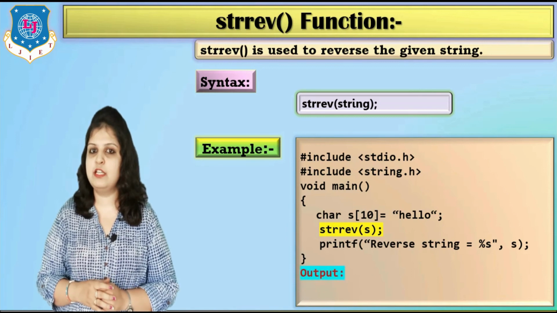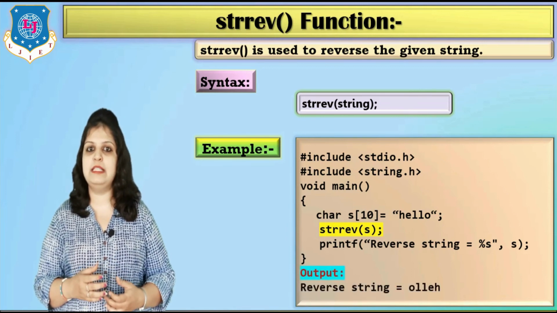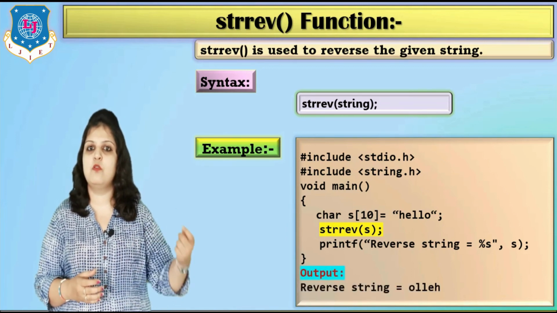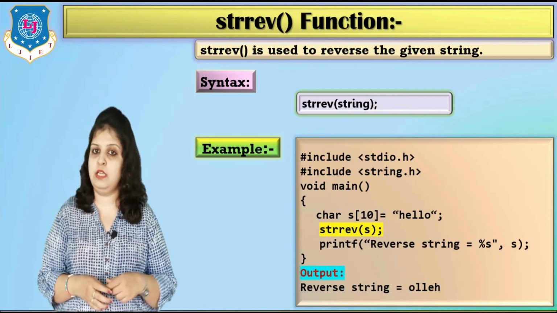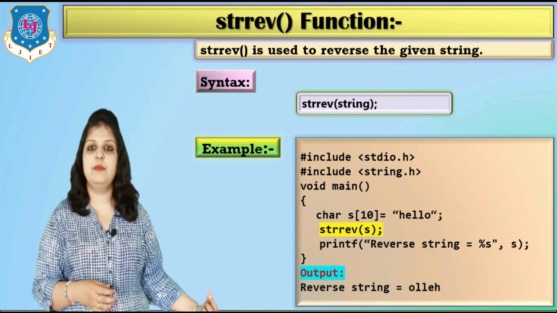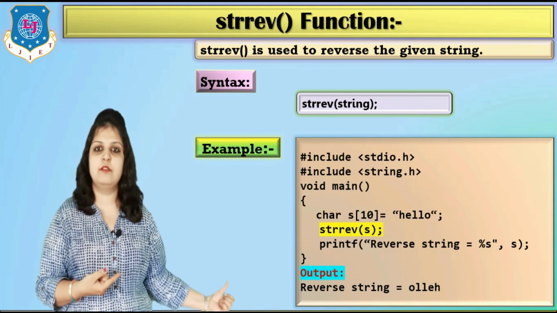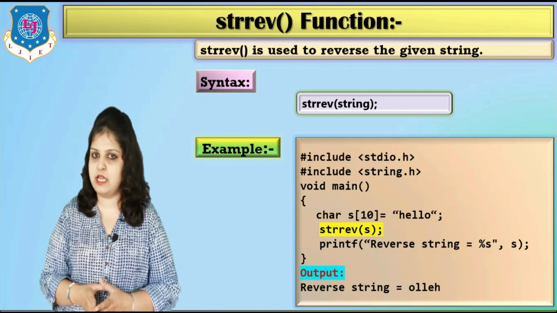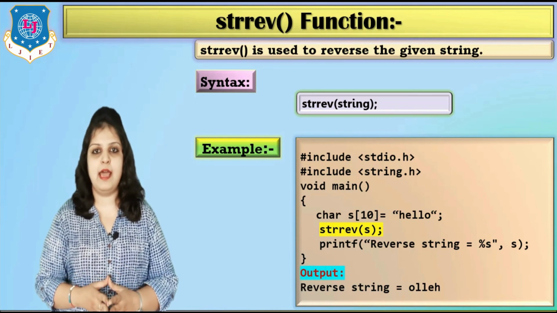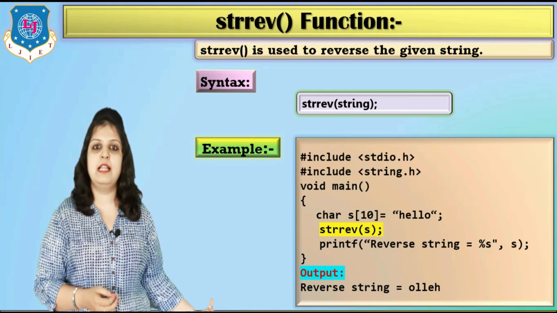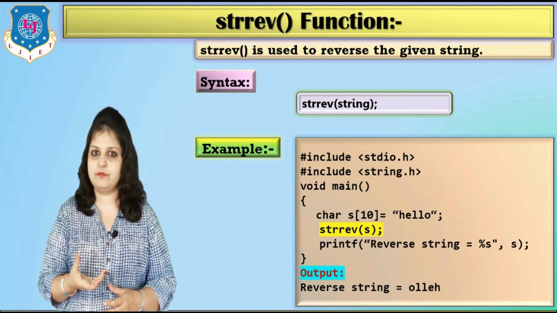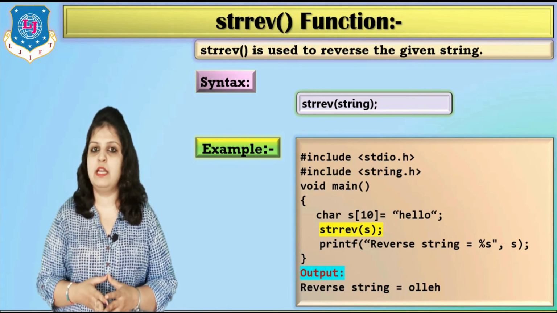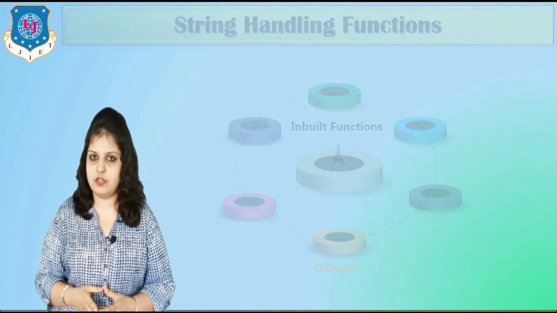So after executing this function, your output is the reverse of hello, that is olleh, and the answer is stored in the same variable. So print the value of s. printf("reverse string is equal to %s", s). So our output is like reverse string is equal to the reverse of our hello word. So in this way we can use the strrev function.